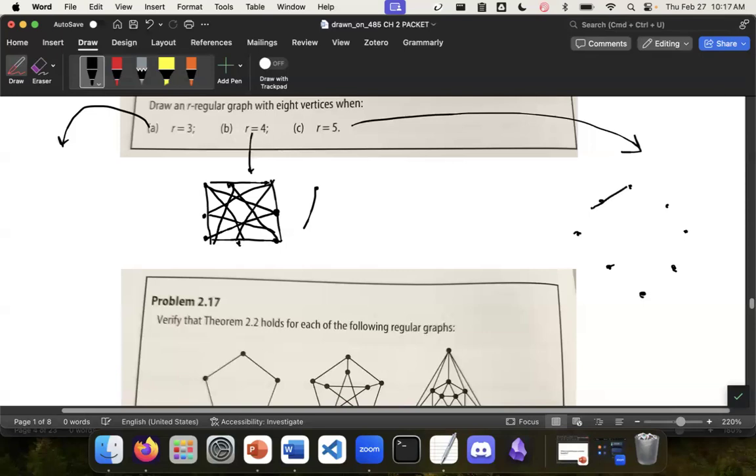We've got a cycle going all the way around. Is that a vertex in the middle? Or just the edges are crossing? Crossing, okay. One, two, three, four.